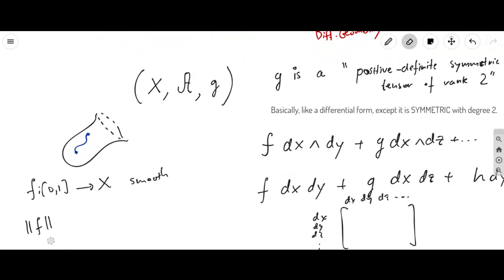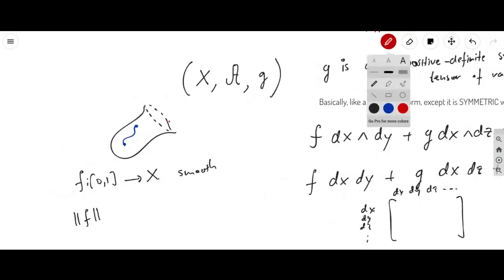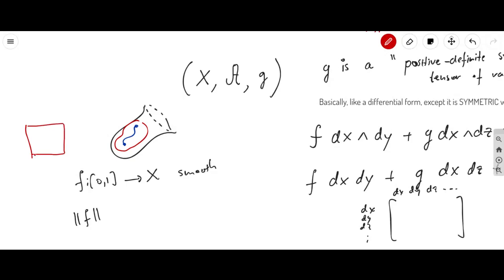And the way you would do it is actually quite similar to how it works with differential forms. We first assume that this sits inside a single chart. We map it. And then, because you have a mapping from the interval in here, you have this composition, and you can pull it back.